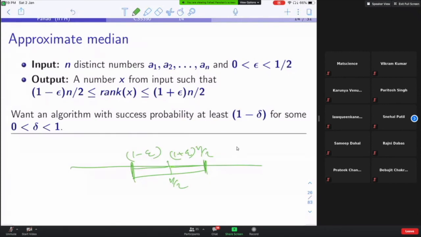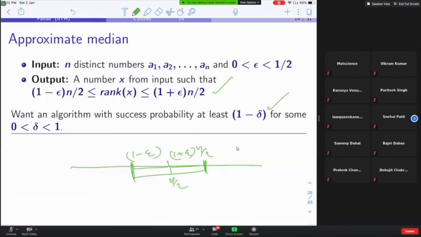We will prove that for a carefully chosen constant, which depends on delta and epsilon, the algorithm is correct. What do I mean by the algorithm is correct? The algorithm will have this guarantee with probability this much. Pick an extra epsilon n by 2 elements maybe.